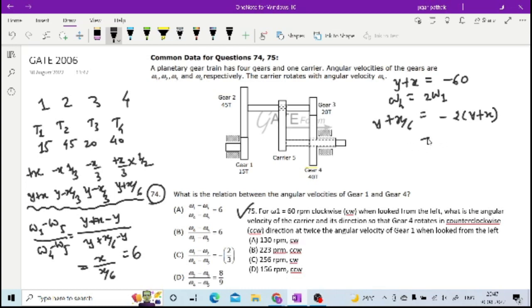After that, if you give further simplification, minus 2y minus x, then y can come on this side, 2x plus x plus 6, that is 13x by 6 is equal to minus 3y. This 2x can come this side, this y can go this side, so 13x by 6 can be equal to minus 3y.